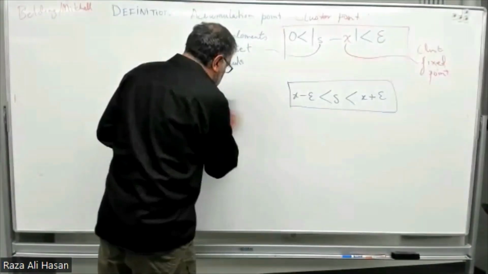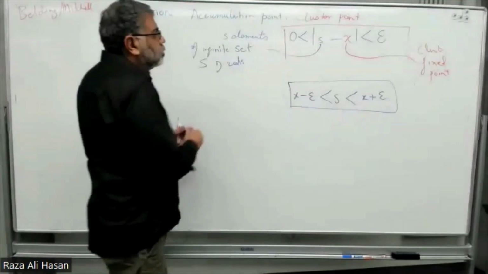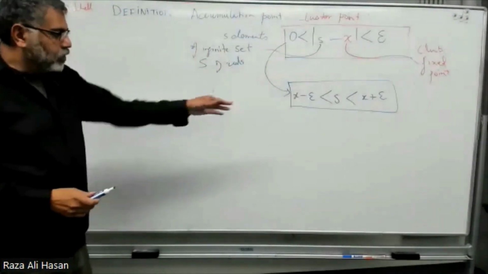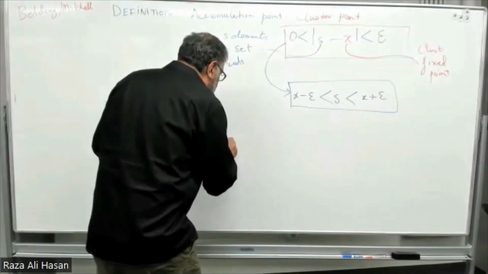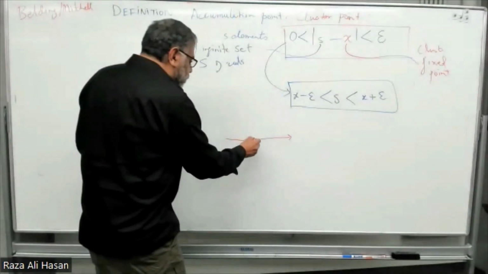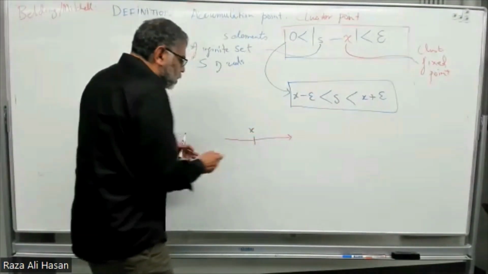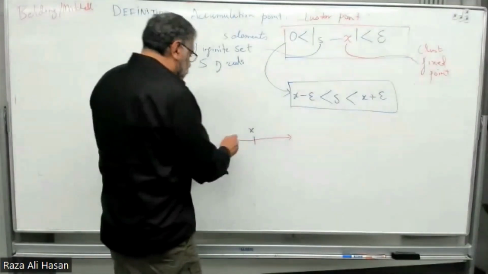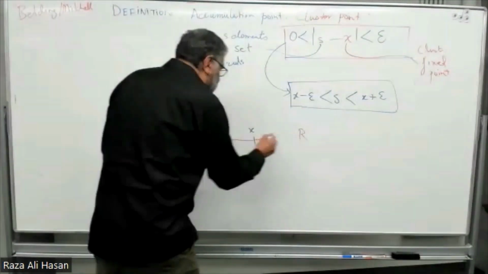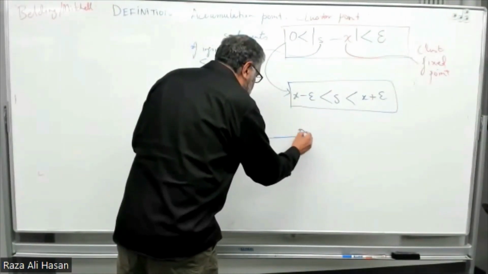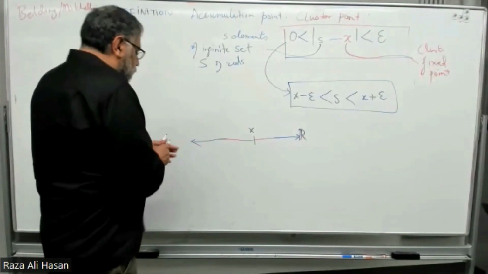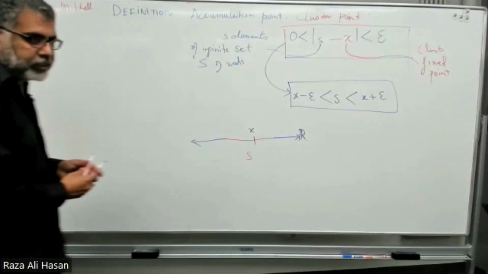So in other words, you can express this like this, which means that we are here and X is in the middle, and this is R. And actually, this is S, the set.